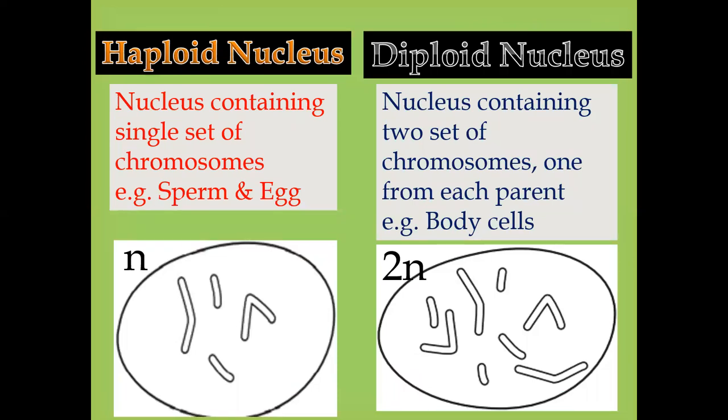The diploid nucleus contains two sets of chromosomes, one from each parent. For example, if the haploid number is 4 chromosomes, the diploid number is 8 chromosomes.